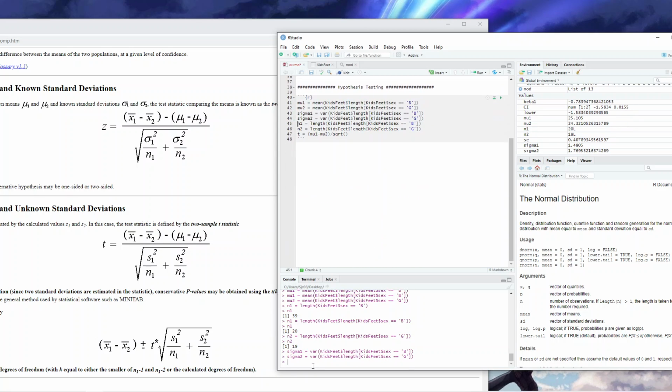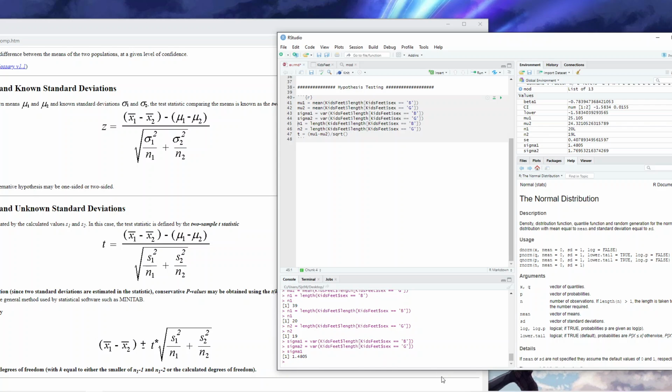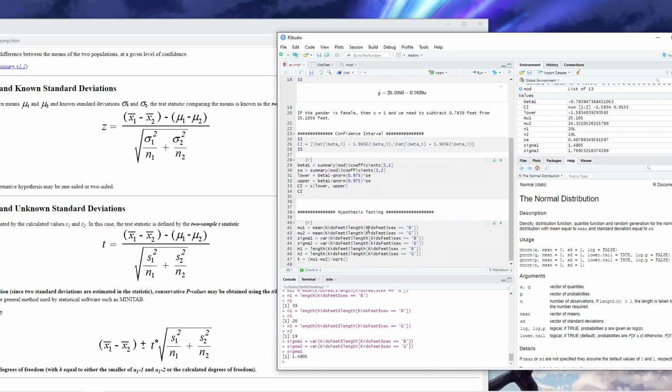Should give me some value. Let's check 1. Okay, it looks good. So now just plug in the formula. Sigma squared 1, because this is a variance, so let me call it variance 1 and variance 2.